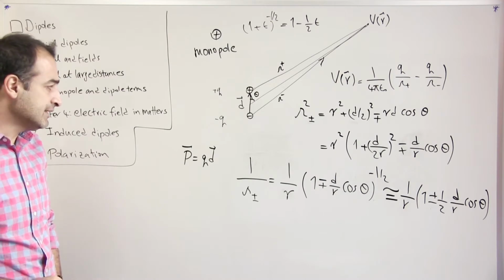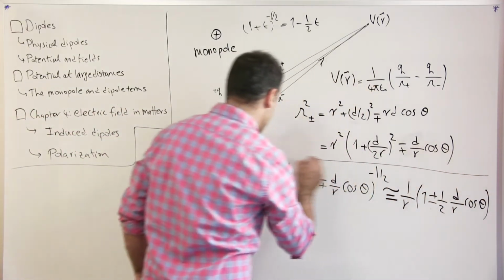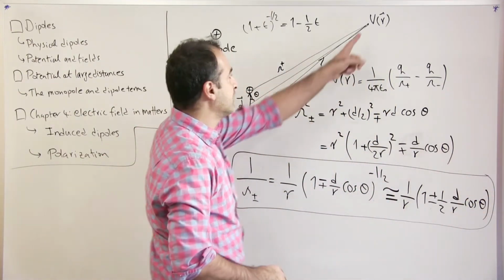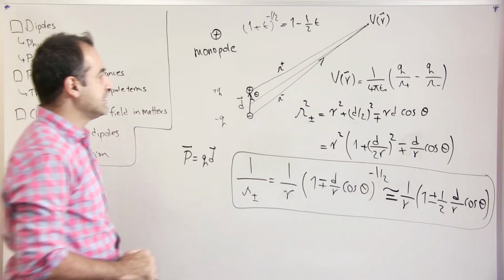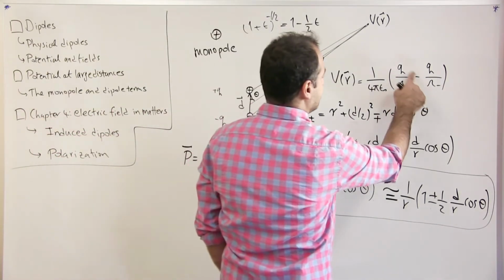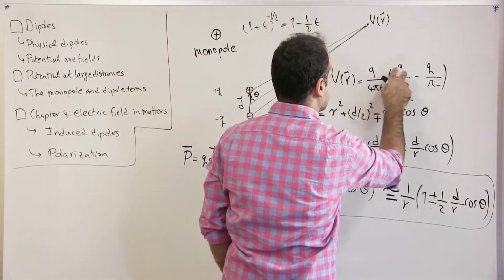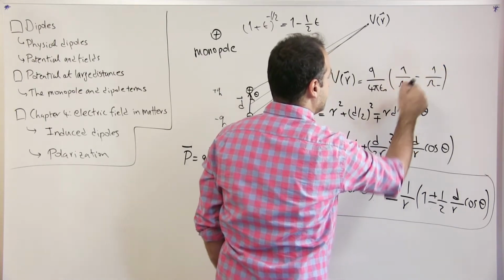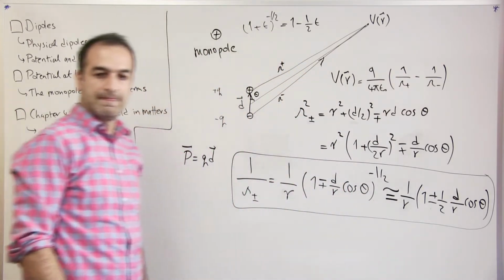Okay, so this is how we can approximate 1 over R plus/minus if we are far from the dipole. Now what we want to look at is this term. We can pull the factor q out here, and what we have in the parentheses is 1 over R plus minus 1 over R minus.